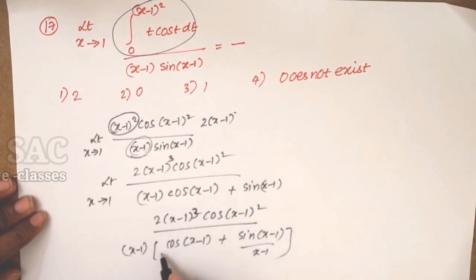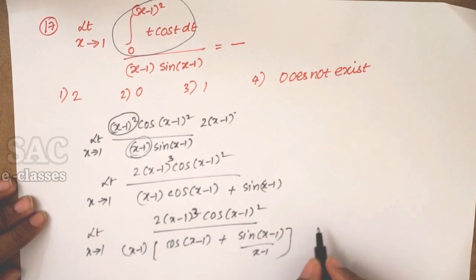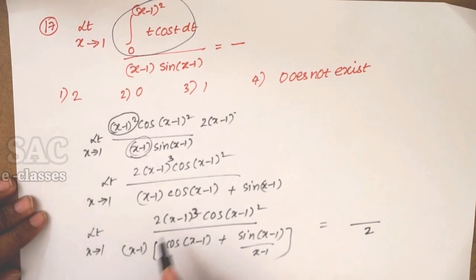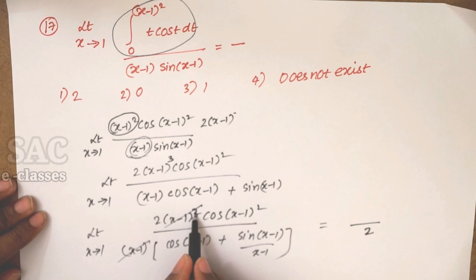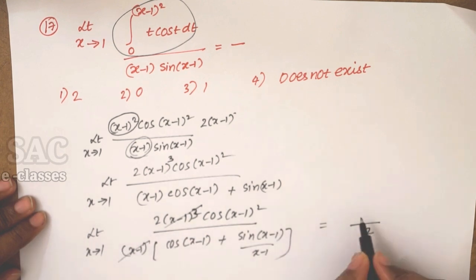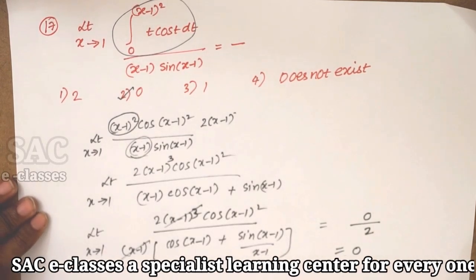Anyhow, this value will be cos 0, limit x tends to 1, cos 0 is 1, and this is 1. You can write something by 2. Something by 2 means here, after taking out, still (x minus 1) whole square is there. Apply the limit means 0. 0 by 2, answer is 0. Then option 2 is correct.